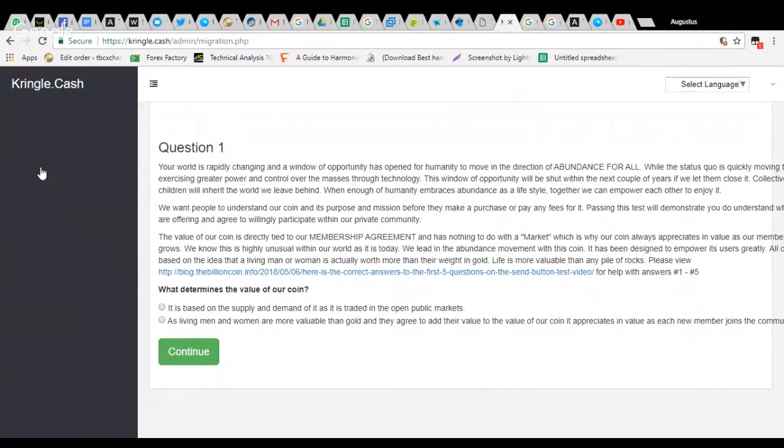The question is saying your world is rapidly changing and a window of opportunity has opened for humanity to move in the direction of abundance for all, while the status quo is quickly moving to exercising greater power and control over the masses through technology. This window of opportunity will be shut within the next couple of years if we let them close it.